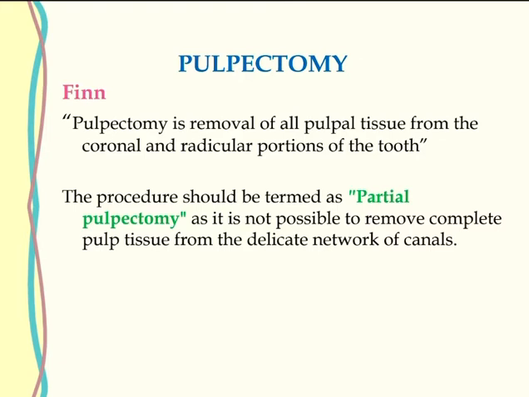So complete extirpation of the pulp as a single tissue, as happens in a permanent tooth, is not possible in a primary tooth. For this reason, you cannot always remove the pulpal tissue completely. A certain amount of pulpal tissue will be left out, which doesn't cause any problem provided you do a good obturation and a coronal seal. So that's the reason pulpectomy in a primary tooth is referred to as partial pulpectomy.